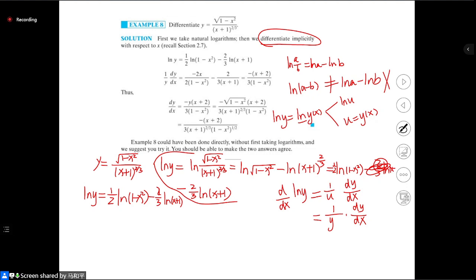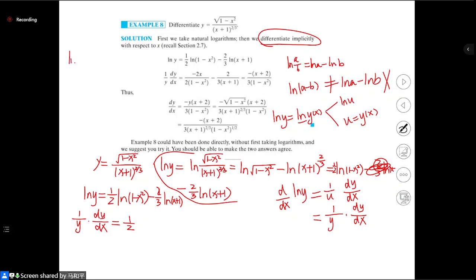When we differentiate implicitly with respect to x, the left side is 1 over y times dy over dx, and it is equal to the derivative of 1 over 2 ln(1 minus x squared). Here 1 over 2 is a constant.